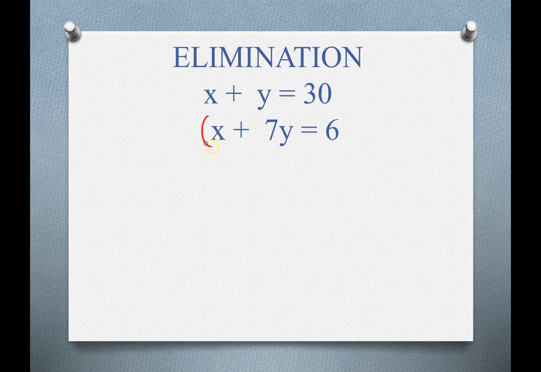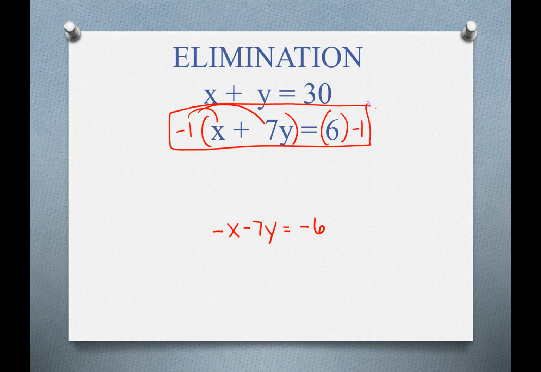So what I recommend is multiplying this whole thing by negative 1. And when I do that, I would be distributing the negative, and I would be left with a negative x minus 7y equals minus 6.